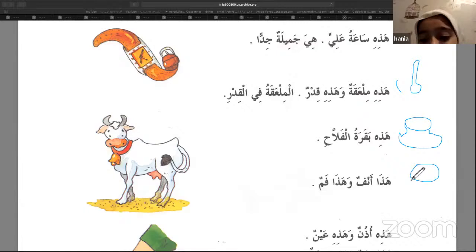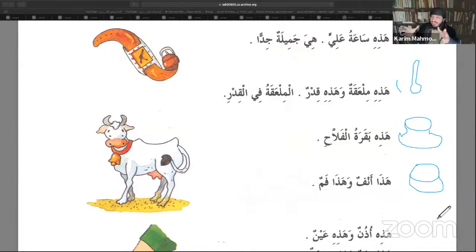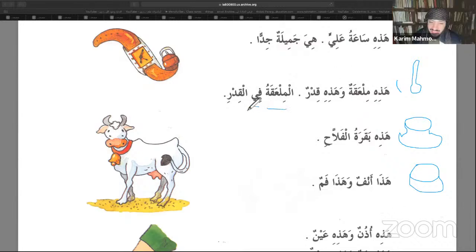Container. Like a container of something. الملعقة, the spoon, in القدر is in the container.